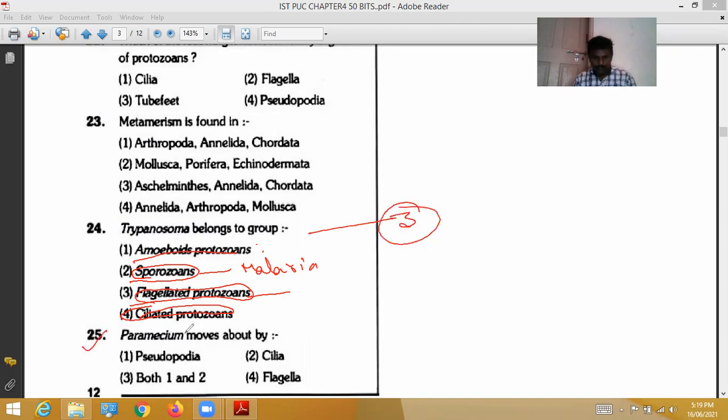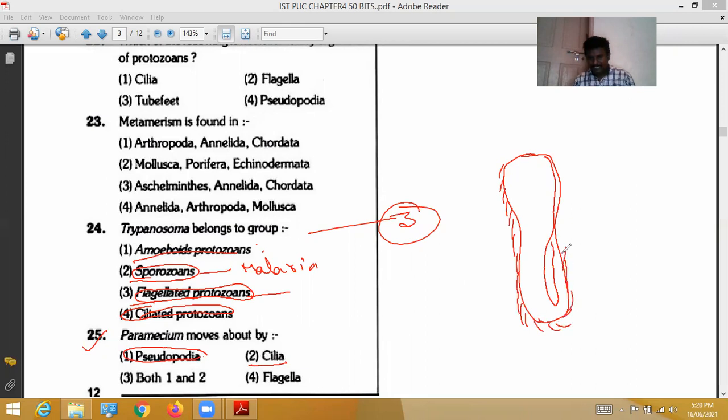Next, 25th: Paramecium moves about by. Paramecium does not move by pseudopodia; pseudopodia are absent in Paramecium. Cilia, yes. The Paramecium body is slipper-shaped, so it is called the slipper animalcule. It has short hair-like structures, cilia. With the help of cilia, Paramecium moves in the water.